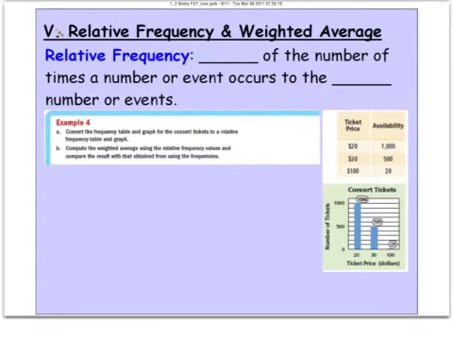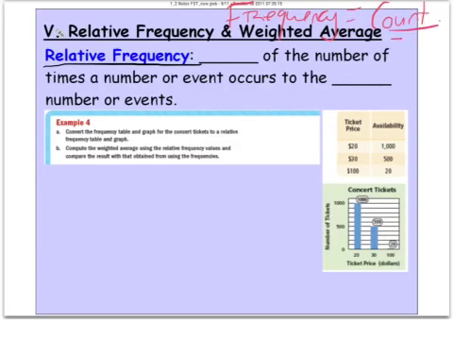Now here I just want to address a different vocab word. We're talking about frequency versus relative frequency. So relative frequency, before I get to that, let me just address frequency. Okay, when I say what's the frequency of how many people have blue eyes in class? Frequency is the count. So we would figure out a count.